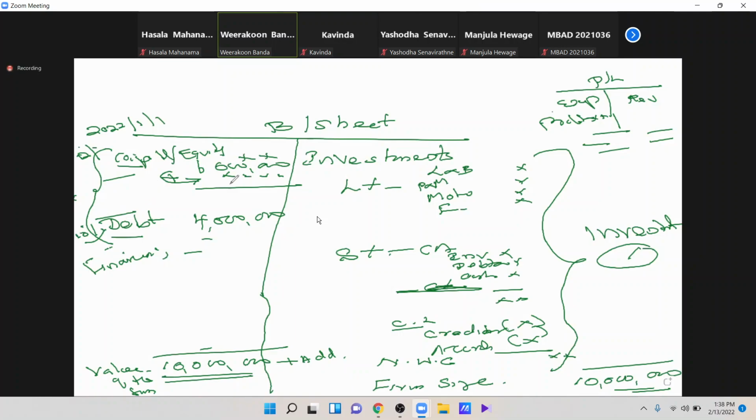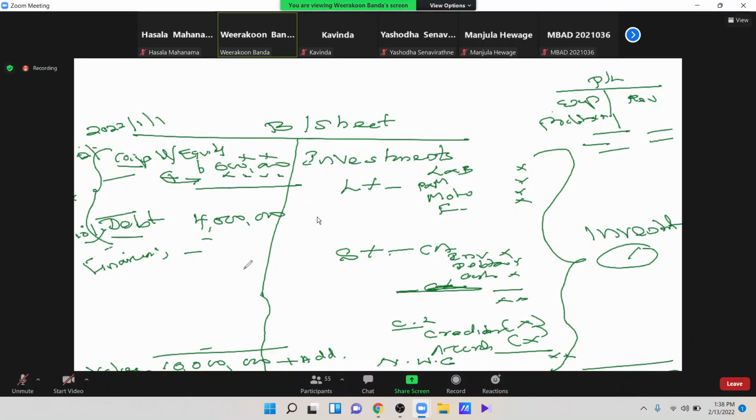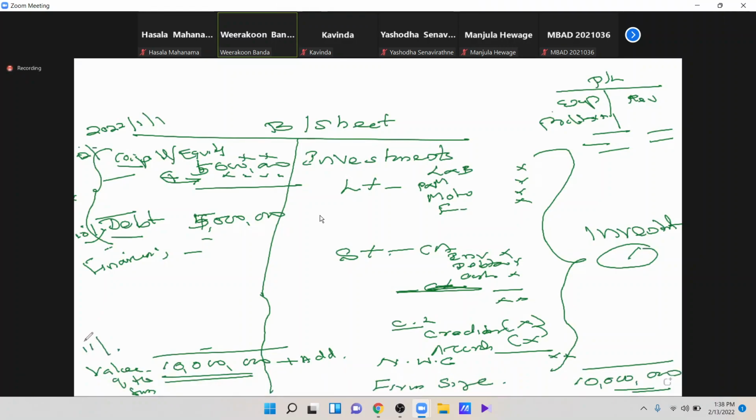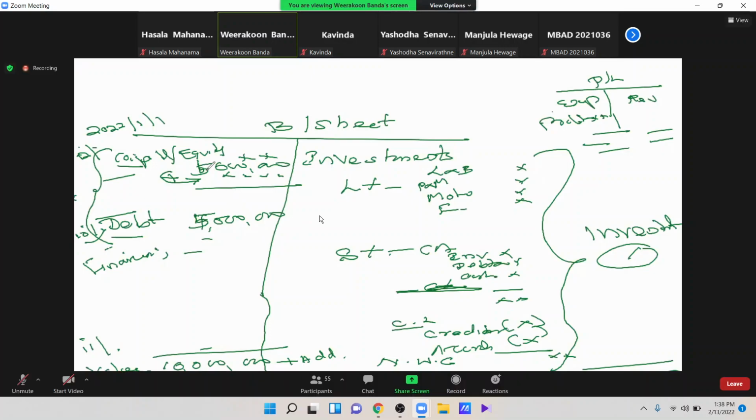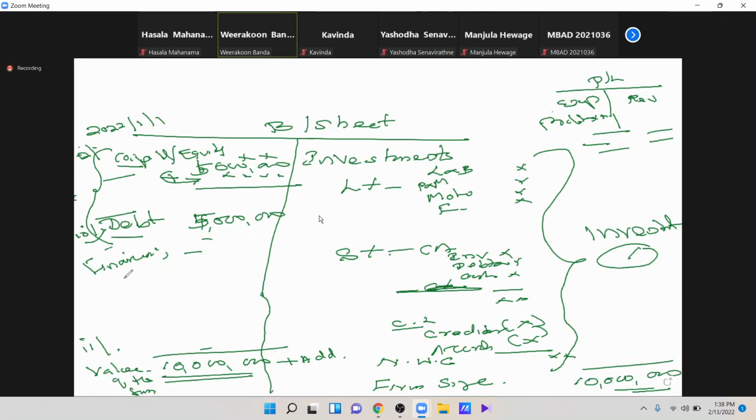Then ultimately, on average, if we have 5 million rupees of equity capital and 5 million rupees of debt capital, a total of 10 million rupees, then the company cost of capital is 11%. Because of these equal proportions, 5 million rupees and 5 million rupees, the cost of capital is an 11% rate.